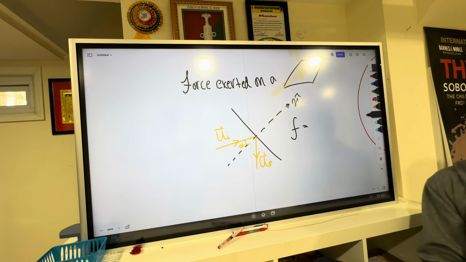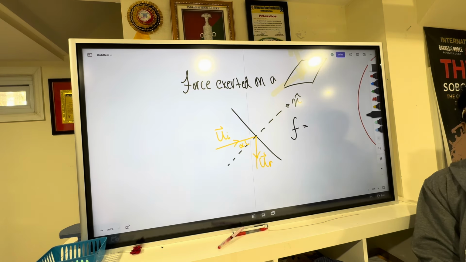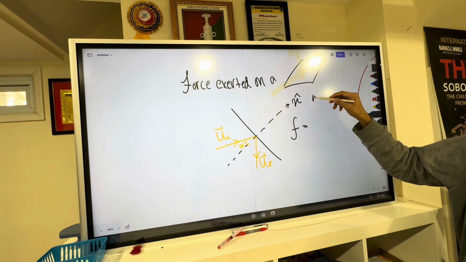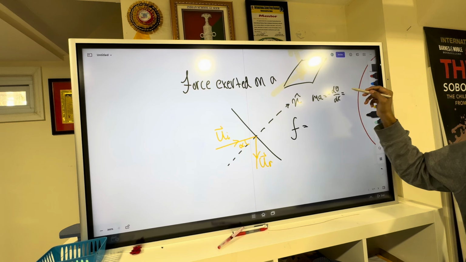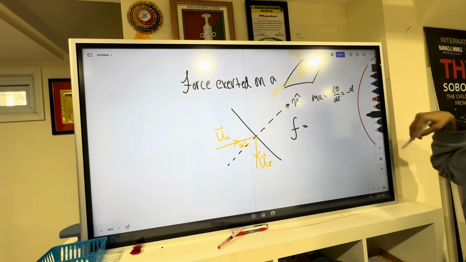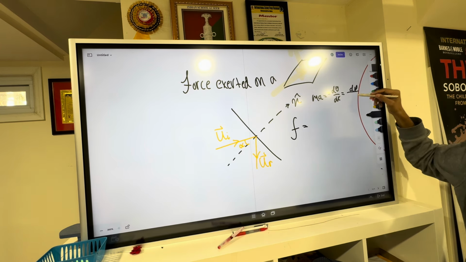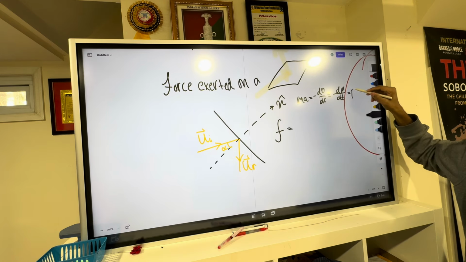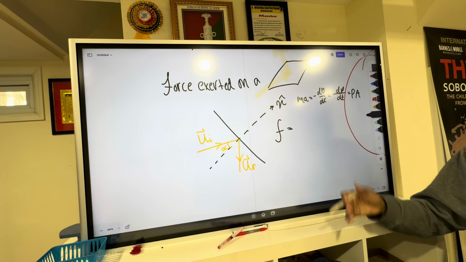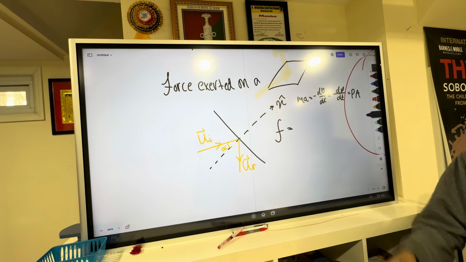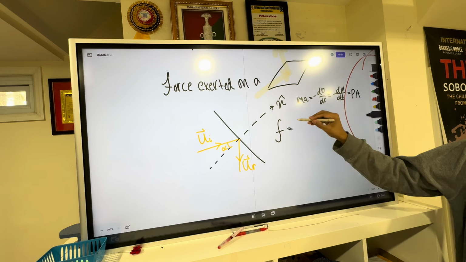Okay. What is the definition of force? MA? Many ways to define it. MA, it's the derivative of the potential with respect to position. It's the derivative of momentum with respect to time. Another way you can define it is it's pressure times area, right? Because pressure is force per unit area, isn't it? I mean, that's literally how blood pressure is defined, in fact.